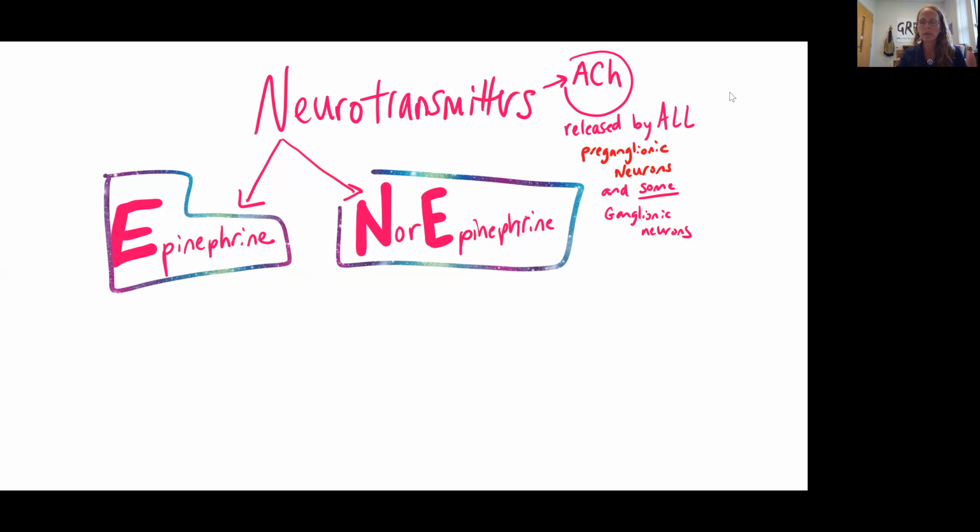So you'll see acetylcholine released at every preganglionic-ganglionic synapse, and also some ganglionic neurons will release acetylcholine. Another neurotransmitter we'll see released is nitric oxide, NO, which we'll talk about a little bit, not a whole lot, in chapter 16, but we will in later chapters.